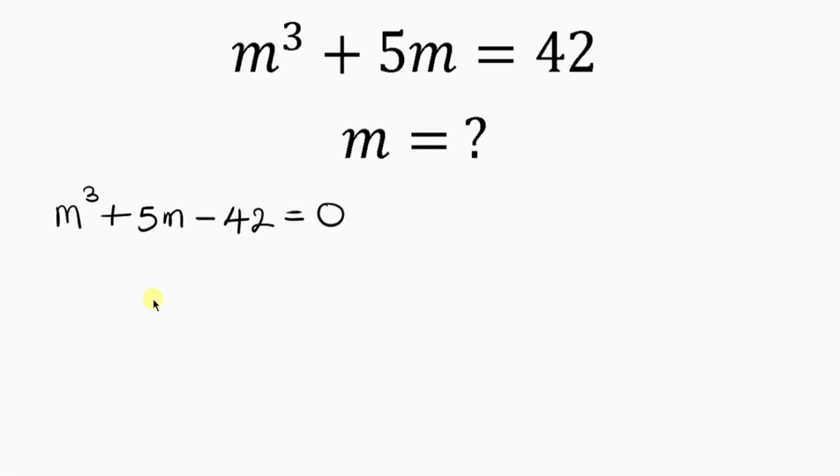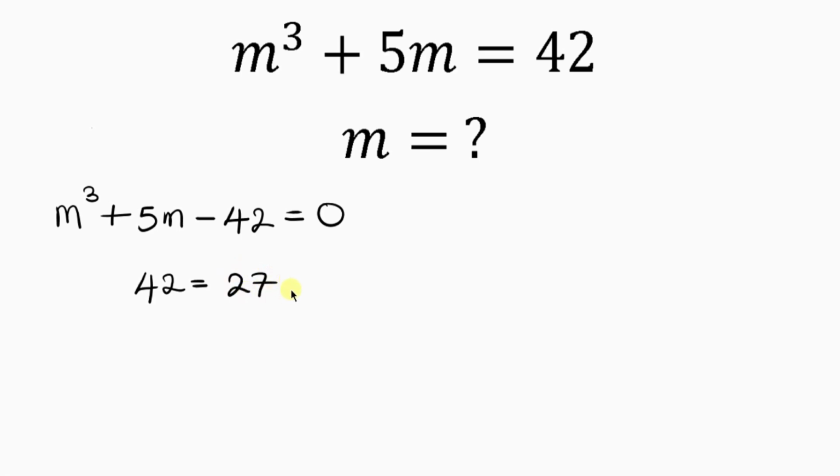Very good. Now, our next step will be for us to split 42 into two numbers, which is the addition of two numbers. And one of these numbers must be a perfect cube, because I have m cubed here. 42 is equal to, well, the perfect cube that is lesser than 42 is actually 27. Very good.